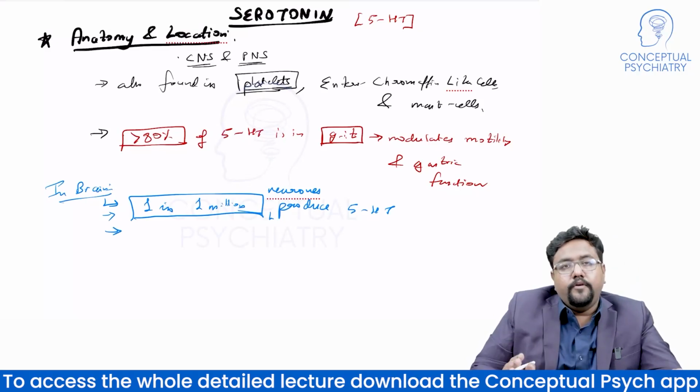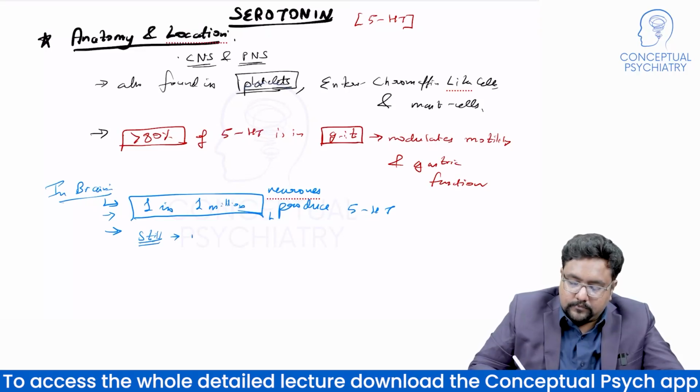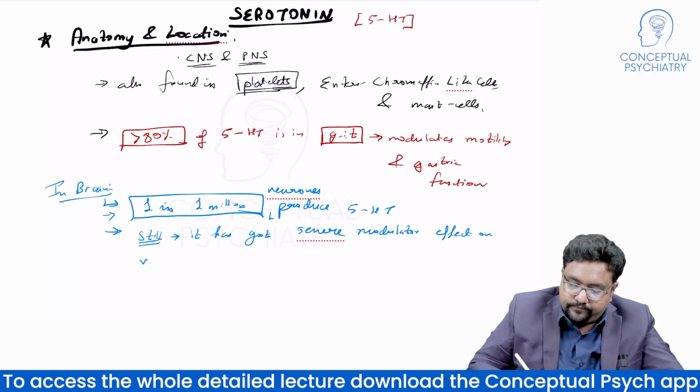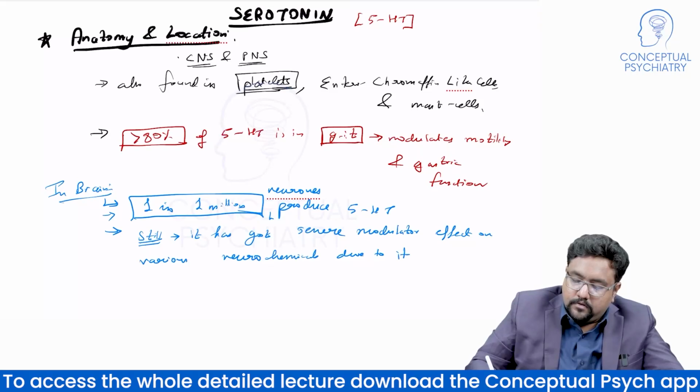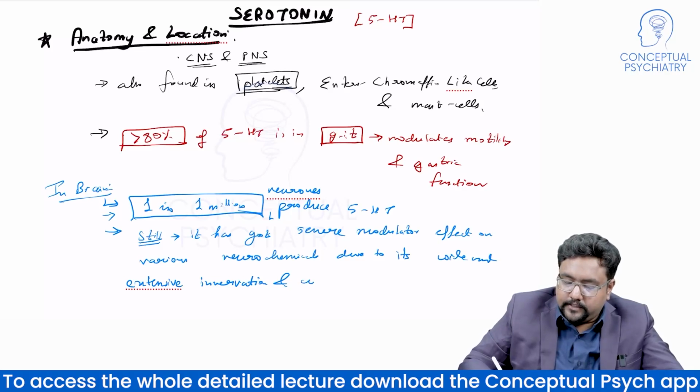Next point is, although 1 in 1 million neurons in the CNS produce serotonin, still it has a severe modulatory effect on various neurochemicals due to its wide and extensive innervation and connections, mainly circuitry.